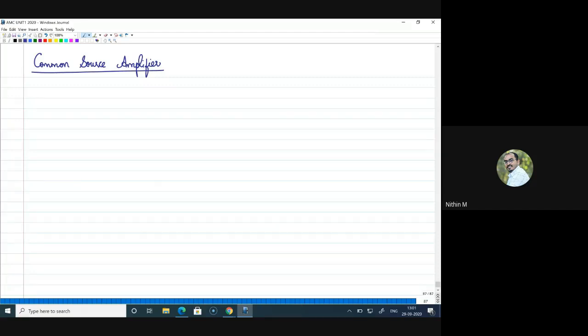Now, if you have doubt at any point while explaining this common source amplifier, please ping or unmute and ask yourself, because understanding this is very, very important, right? The very basic amplifier circuit. Now, I am starting from a very simple circuit. I can have a circuit for common source amplifier, even a complicated circuit, complicated in the sense having many components also is possible.